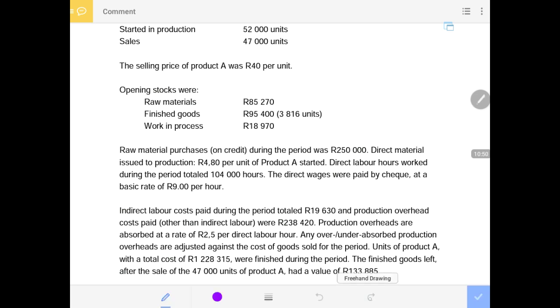Then we go straight to the information provided. Raw material purchases on credit, meaning we bought raw material on credit during the current year. When we buy anything on credit, creditors control will be affected.